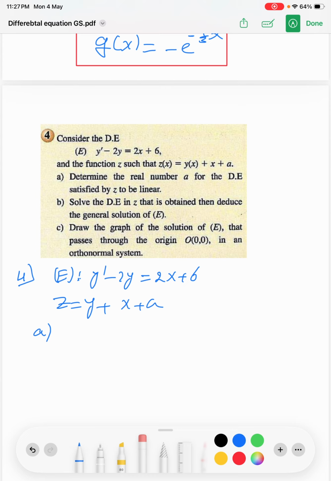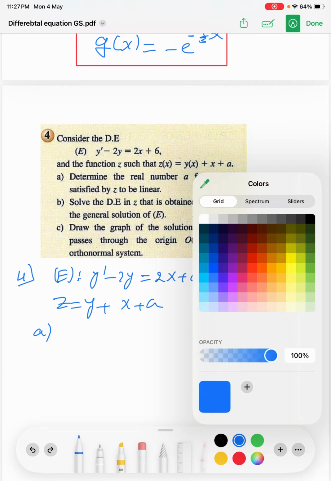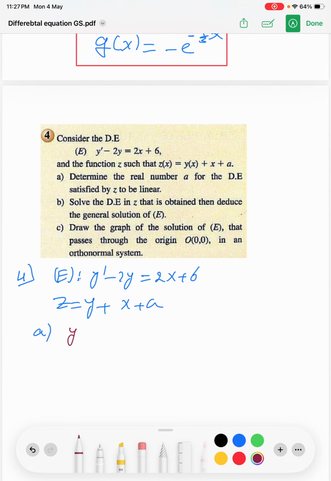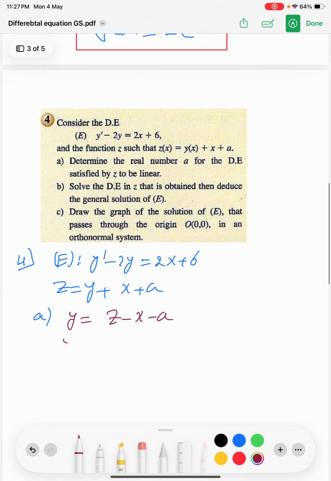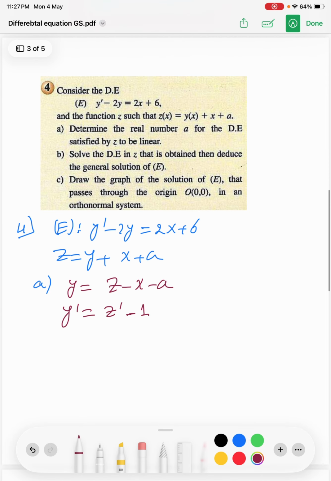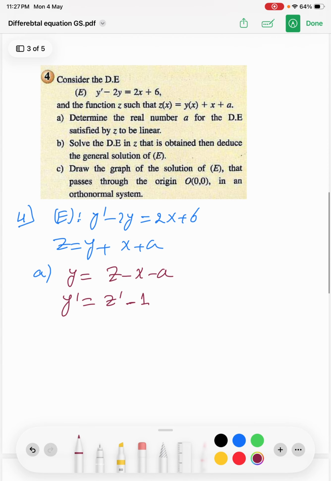Again, z equal y plus x plus a, it means y equal z minus x minus a, so y prime equal z prime minus 1. You take the derivative: the derivative of z is z prime, the derivative of x is 1, the derivative of a is 0 because a is a constant number.